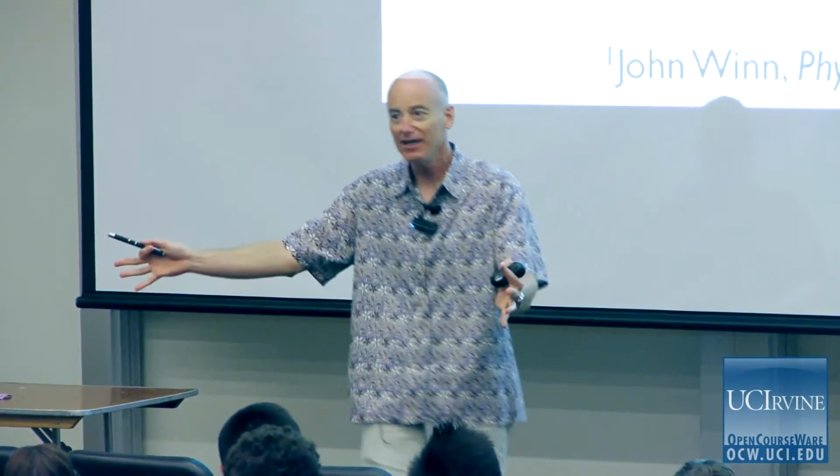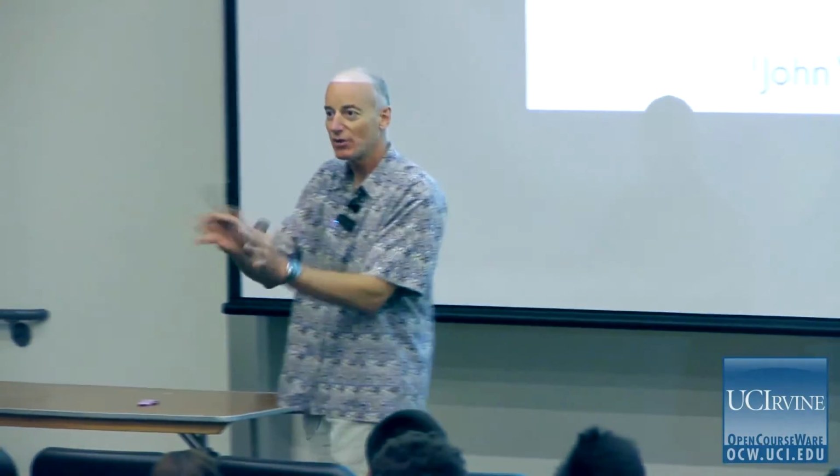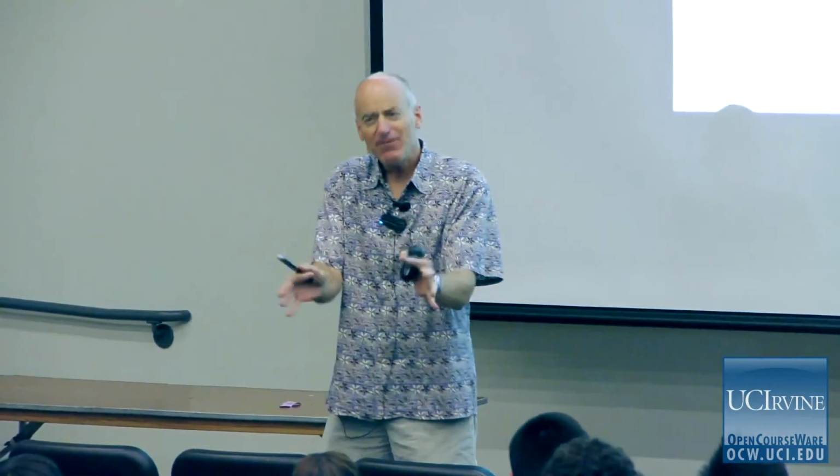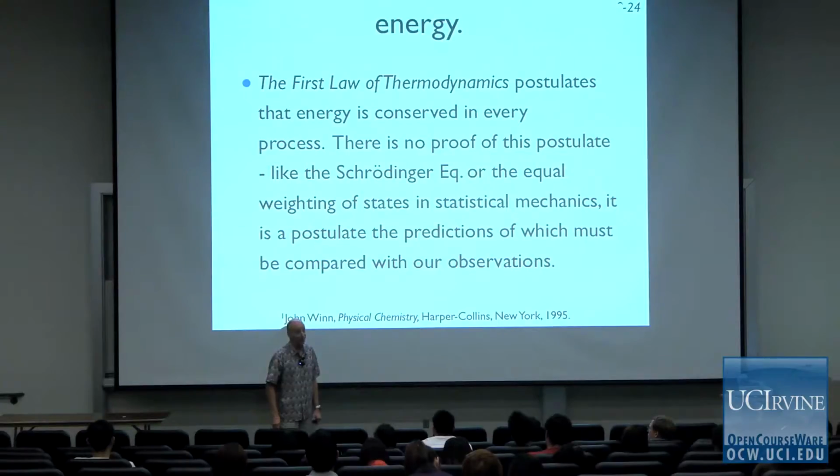Schrodinger proposed the Schrodinger equation, and we compare it with experimental observations that we make in quantum mechanics on how systems really work. And we keep finding out that the Schrodinger equation predicts the right thing over and over again, no matter how the system changes. Right, and so we have more and more confidence that it's correct, but there's no proof that it's correct. Same thing is true in statistical mechanics.